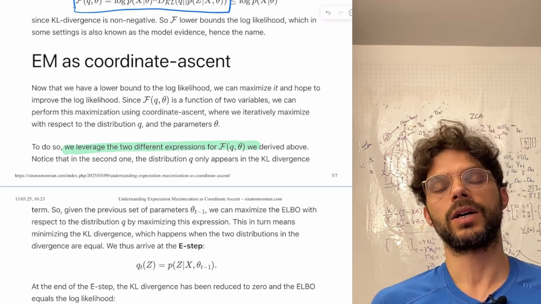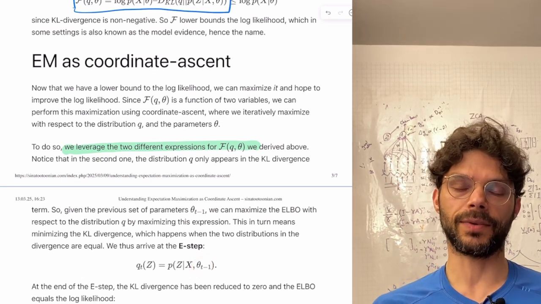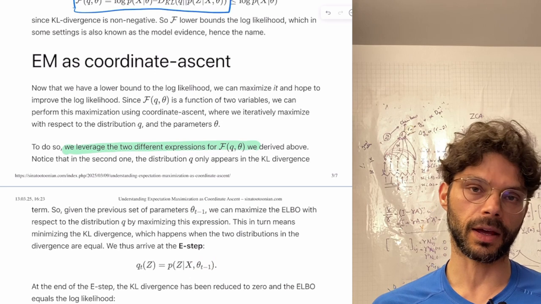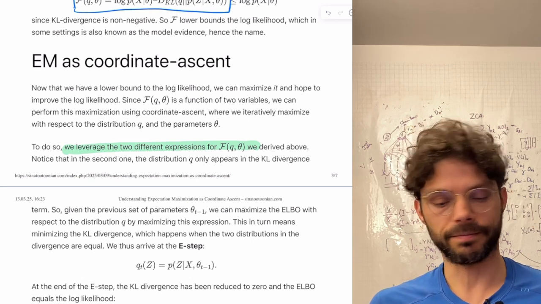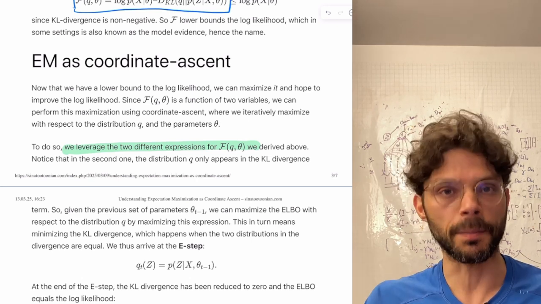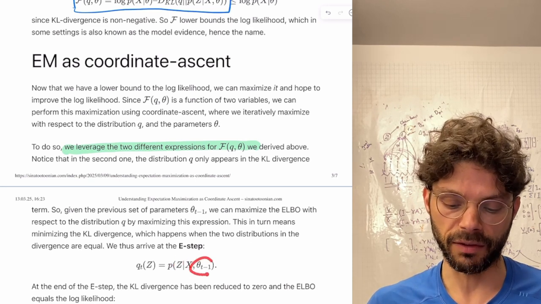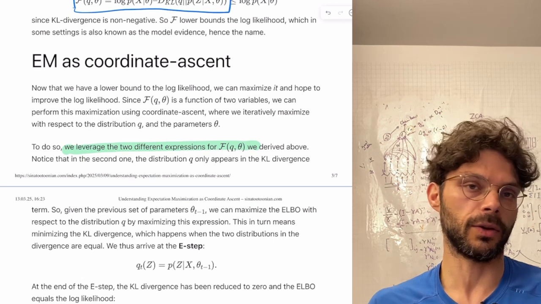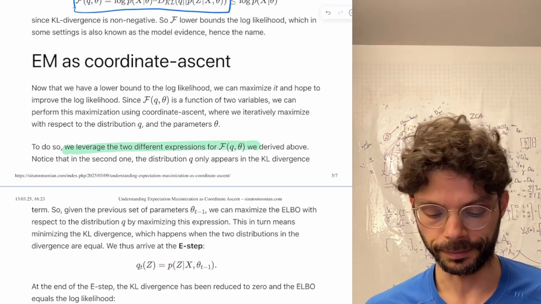So this is kind of like what we were talking about intuitively at the beginning, right? We've got some old guess at the parameters. Let's set the latent variables to something like some summary of their values given those guesses of the parameters. Instead of summarizing, we're just taking the full distribution here.